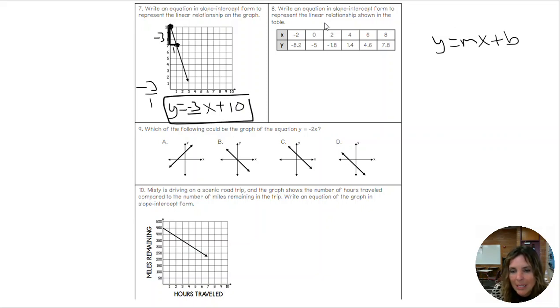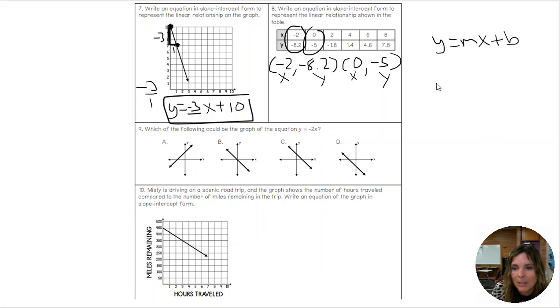On the next one, if you're writing an equation in slope-intercept form, you have to first find the slope. So pick 2 points in the table, write out the 2 points that you're using as ordered pairs so that you can then use the slope formula to find the slope. So -8.2 minus -5 over -2 minus 0.